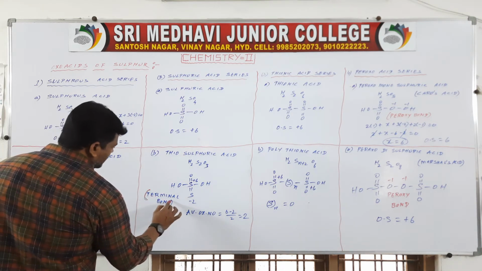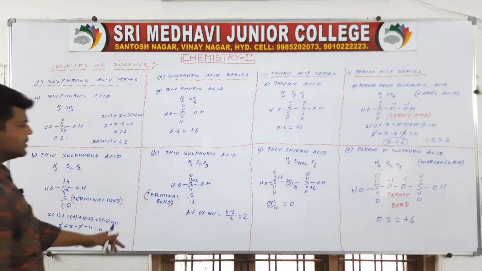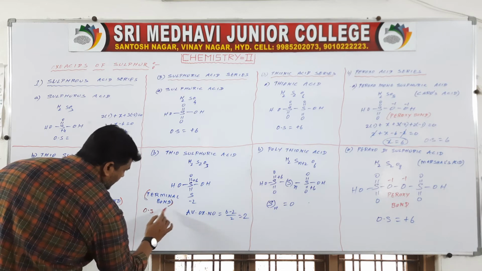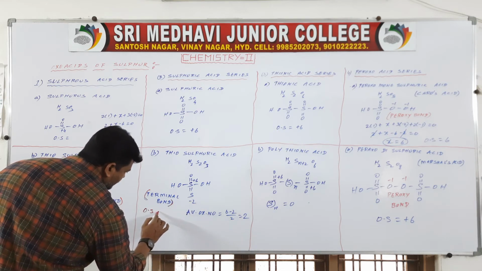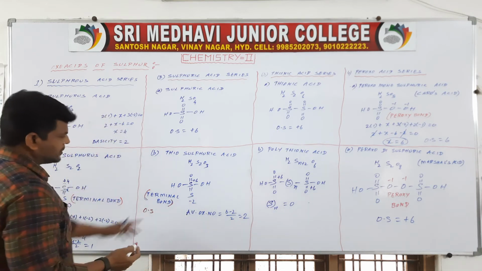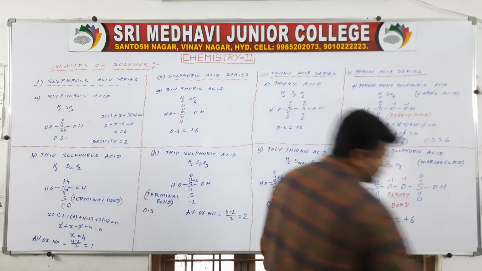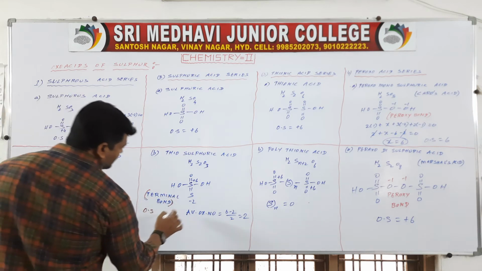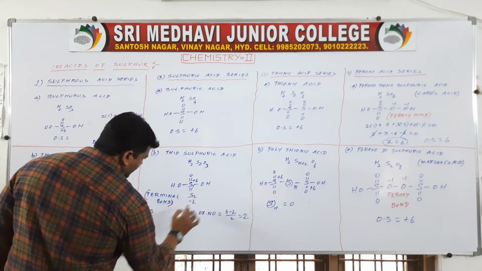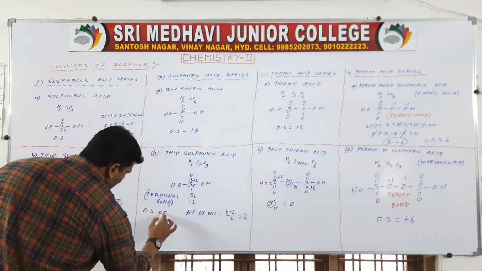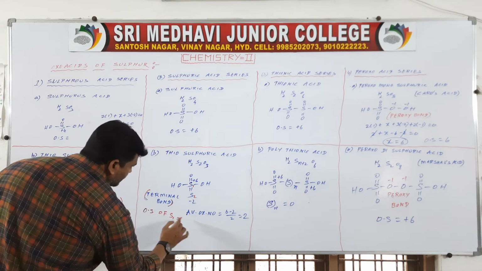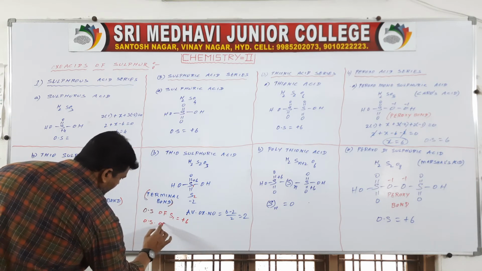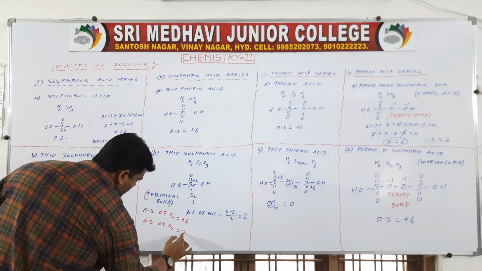So the oxidation state of 1 sulfur here is minus 2. So the oxidation state of S1 and S2: S1 equal to plus 6, S2 equal to minus 6.